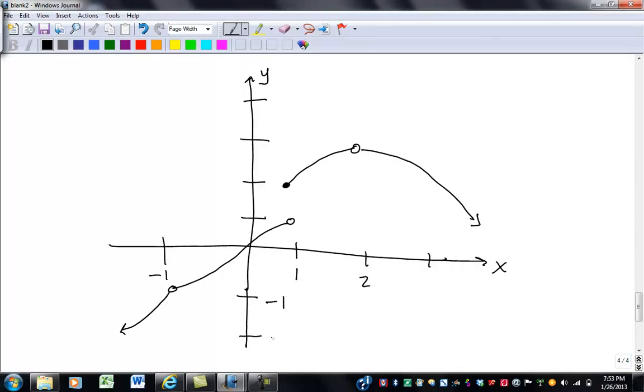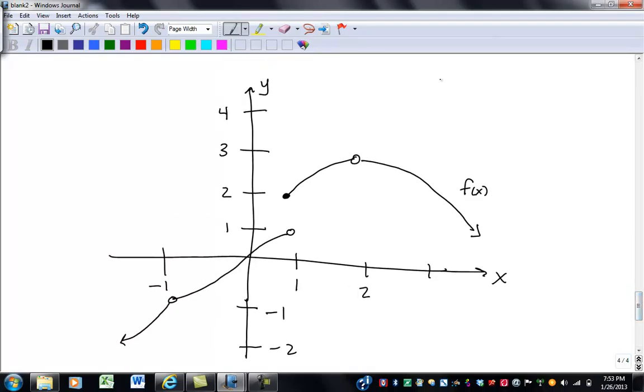We'll let this graph be the picture of f of x. And I can ask you to find out some things about f of x. For example, I could ask you, what is f of 1?